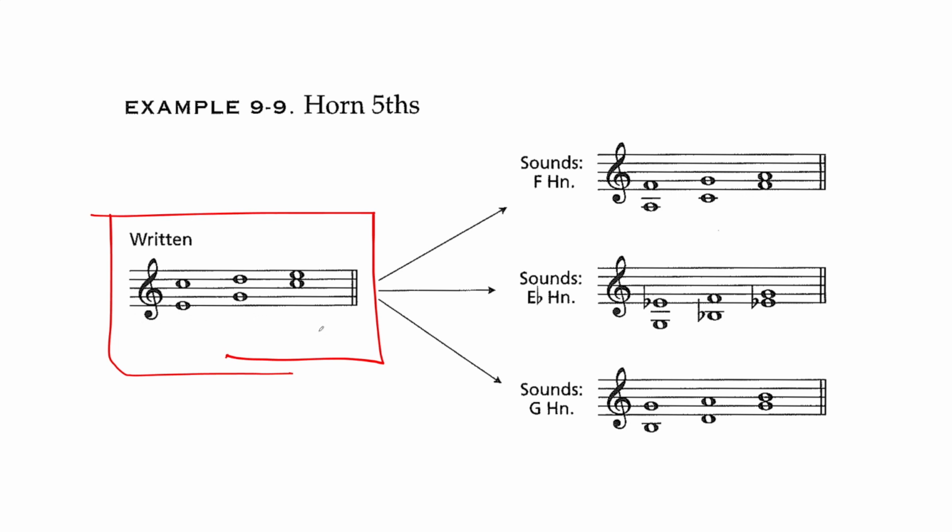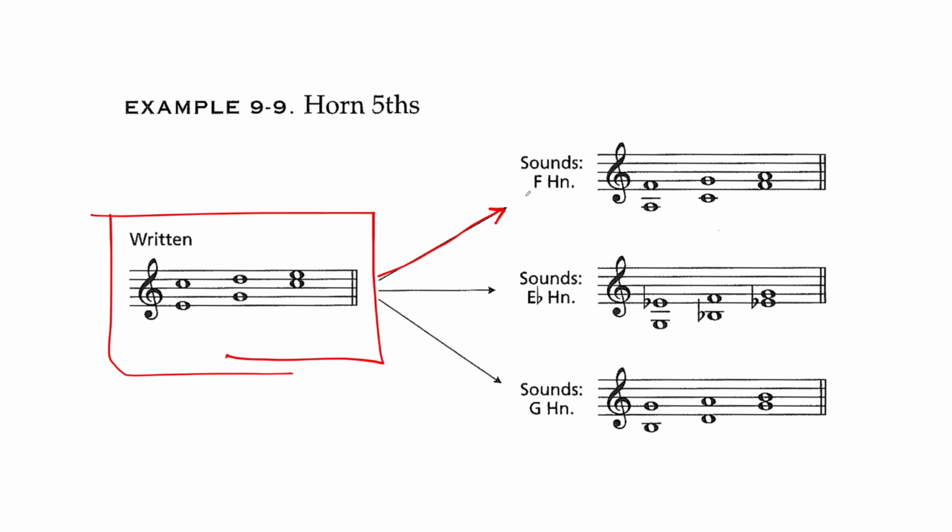I'm speaking about historical instruments. The composers always wrote the harmonics of C, no matter what kind of horn they used. They always wrote the harmonic series of C. But the sound will be different in each instrument.